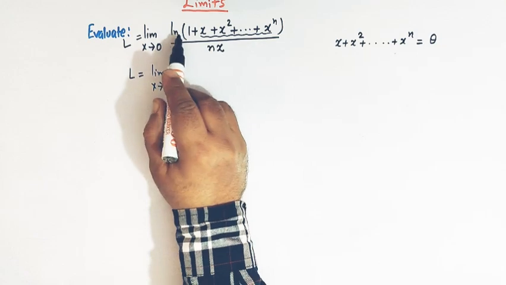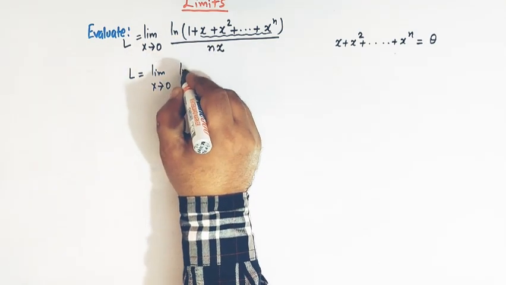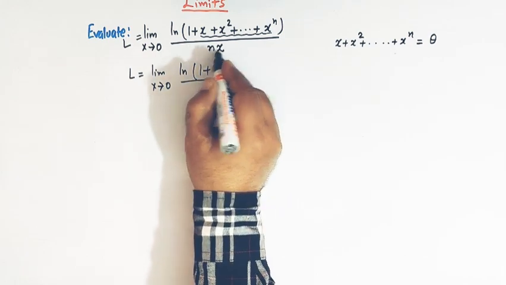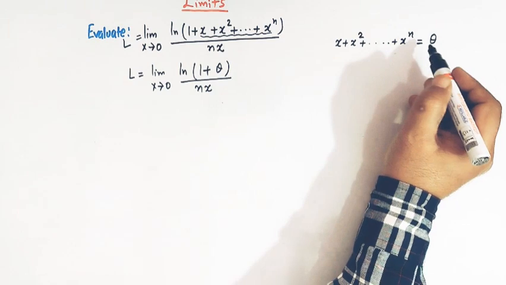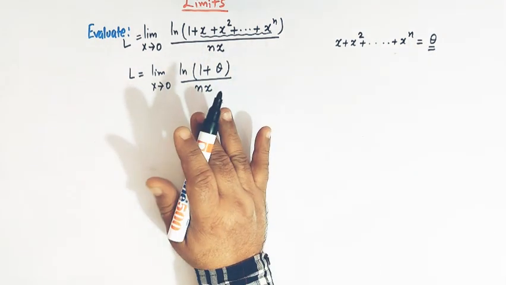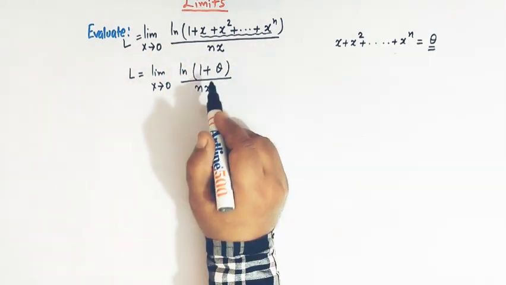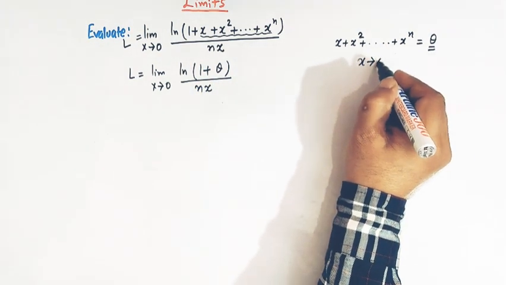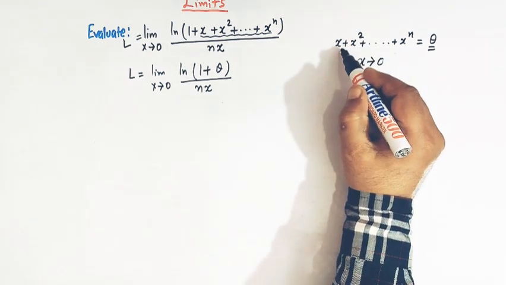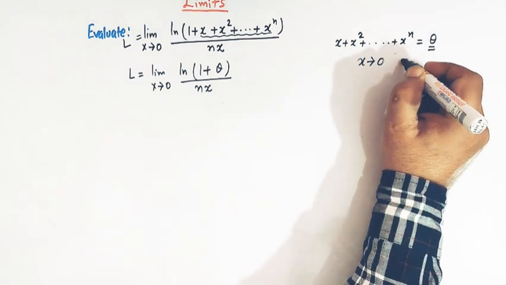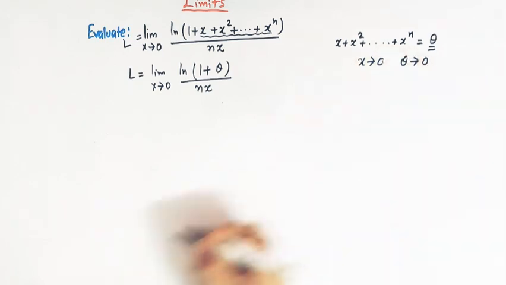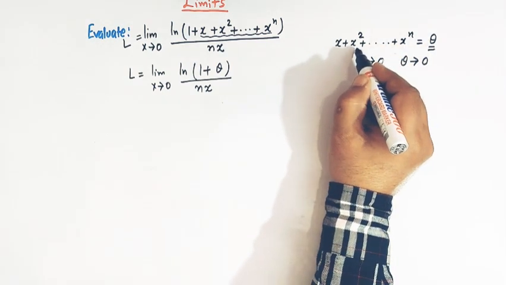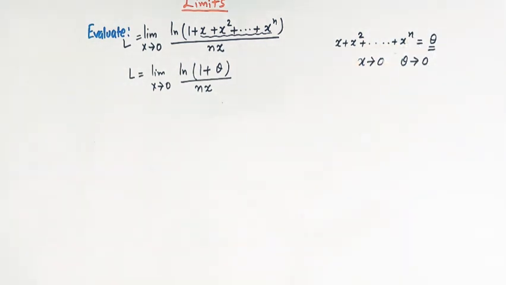Now we can write this limit as log of 1 plus theta divided by nx. We are using theta just for our convenience, and when x tends to 0, all these terms disappear and theta also tends to 0. Here we assume theta is equal to x plus x square up to x raised to n.